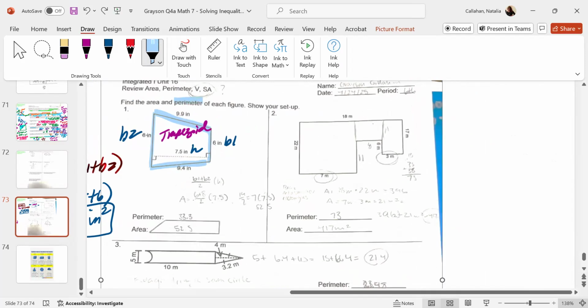Number two, same thing. You're just going to add the sides. That's a perimeter. It's like you building a fence around this area, this place, right?